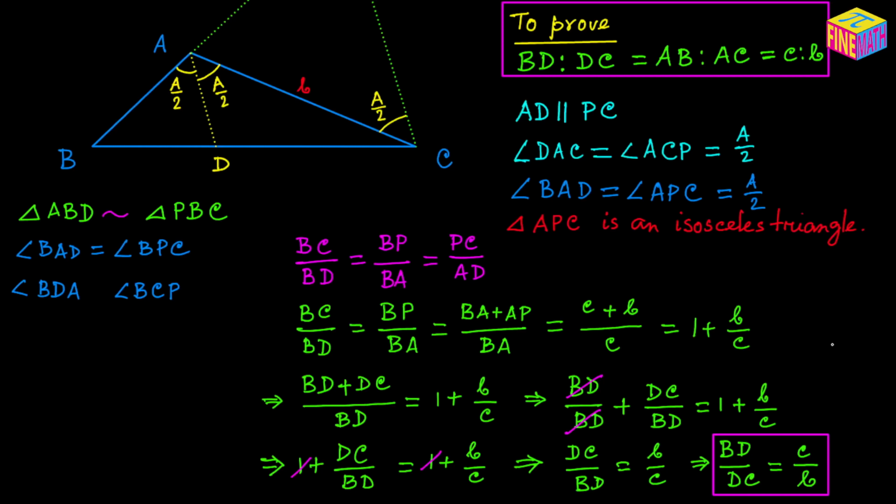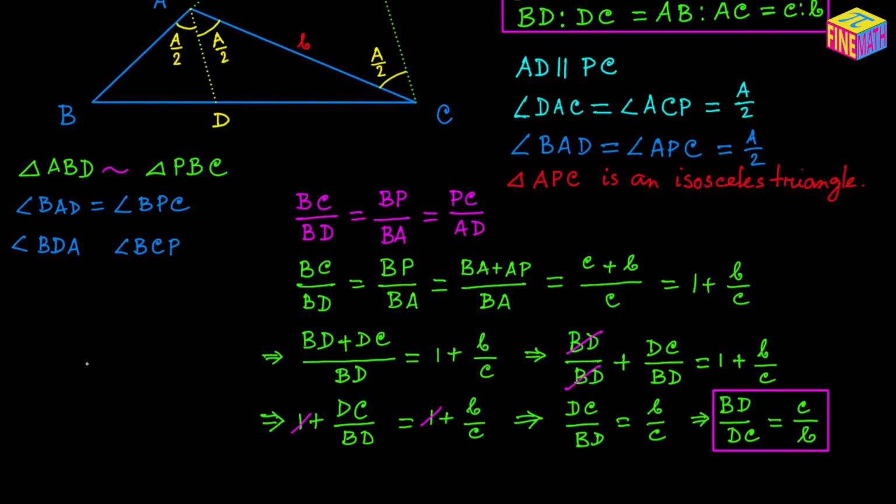Also, let's quickly do another calculation. Let's try to find the value of BD in terms of a, b and c, and also the value of DC. I'm going to do that on the left hand side here. From here you see we have BC over BD is equal to b plus c over c. So I'm going to take these two portions underscored with yellow lines.